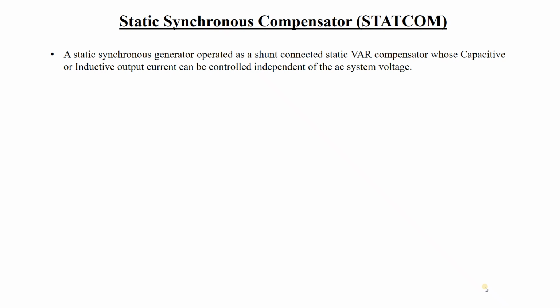That is why it is called the static synchronous generator, operated as a shunt connected static var compensator whose capacitive or inductive output current can be controlled independent of the AC supply voltage.